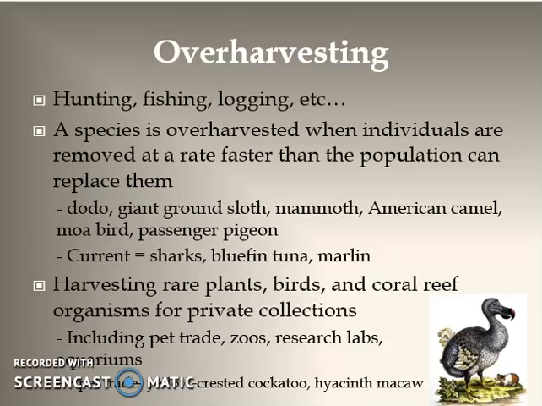So it's a very kind of bad situation. But specific things, yellow-crested cockatoo and the hyacinth macaw are some examples. But some of the marine fish we're really concerned about, like the blue tang, which is Dory and stuff like that, because people want them and they're hard to get and we kill them.